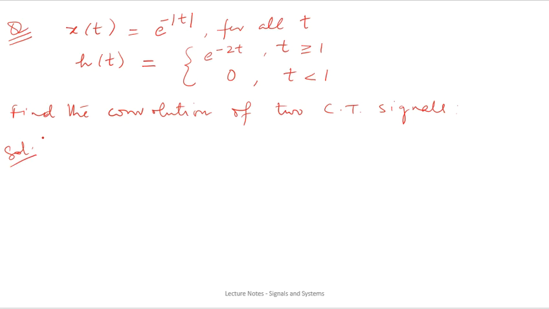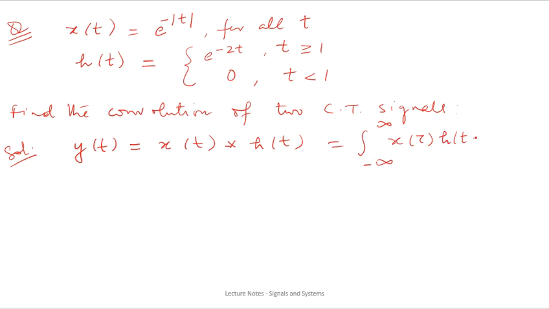To start the solution, we will follow the three-step procedure which we just discussed in the previous slide. By the definition of convolution discussed in the last lecture, x(t) convolution h(t) is expressed in the form of the convolution integral, that is, integral of x(tau) h(t minus tau) d tau.